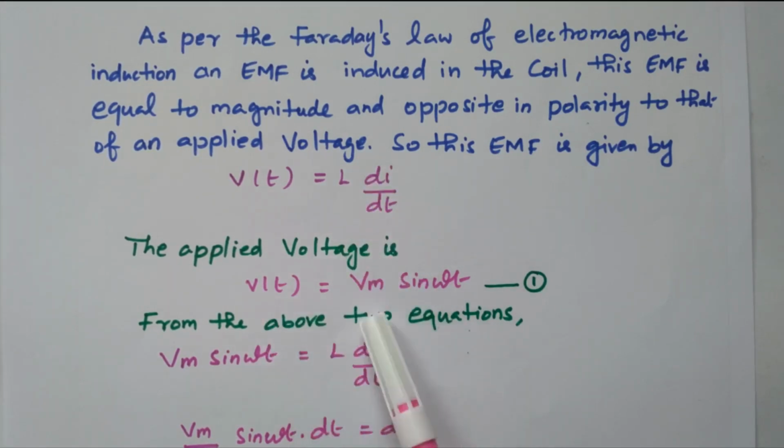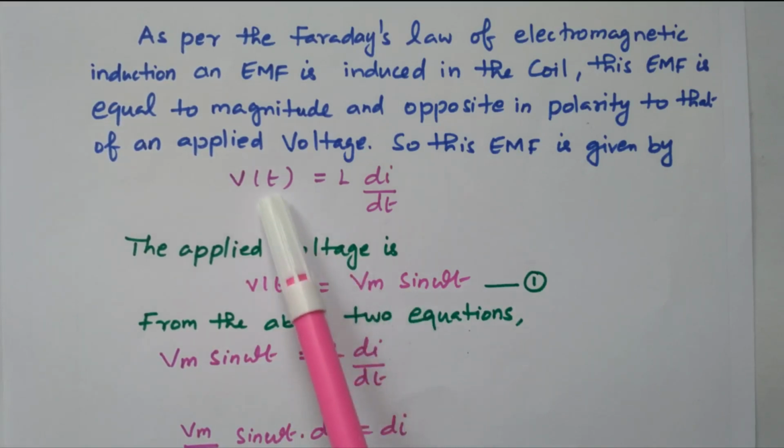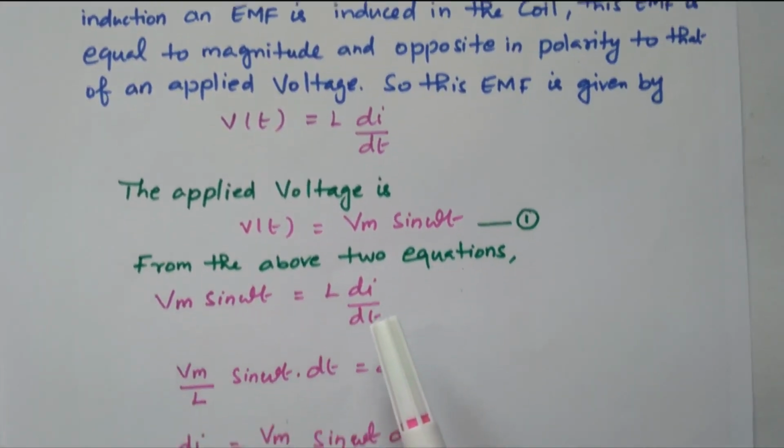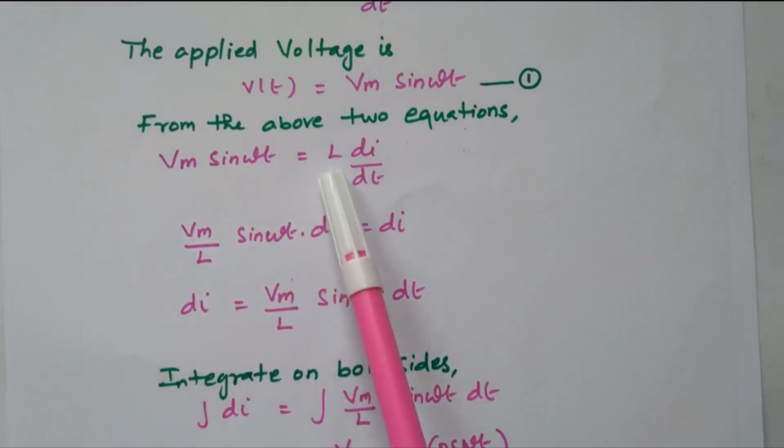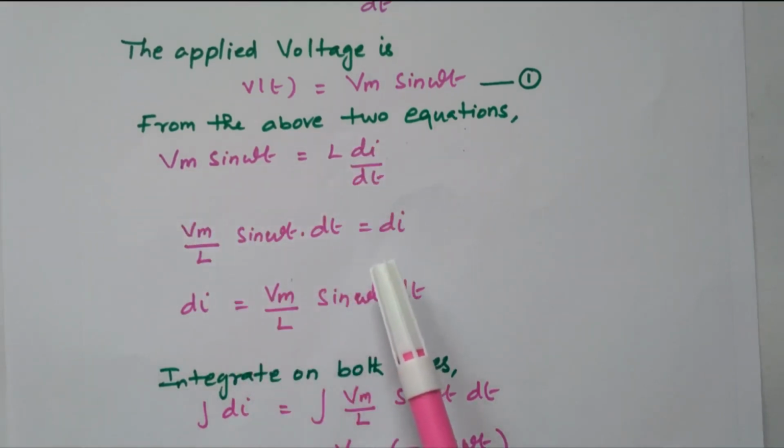But V of t equal to Vm sin omega t. This is the applied voltage. Take this as equation number 1. This is the voltage equation. Now we'll substitute this Vm sin omega t in the above equation. So Vm sin omega t equal to L di by dt.